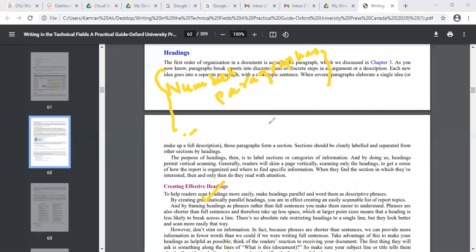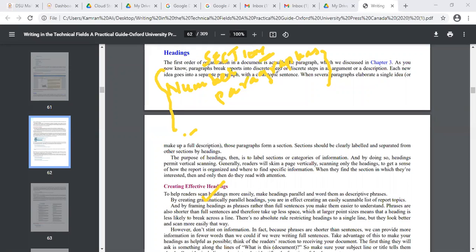And then another topic, subheading, or subtopic begins. So that means we can say that there are different sections here. When there are different sections, each section needs to have a heading. The heading would definitely tell us what this section is all about.